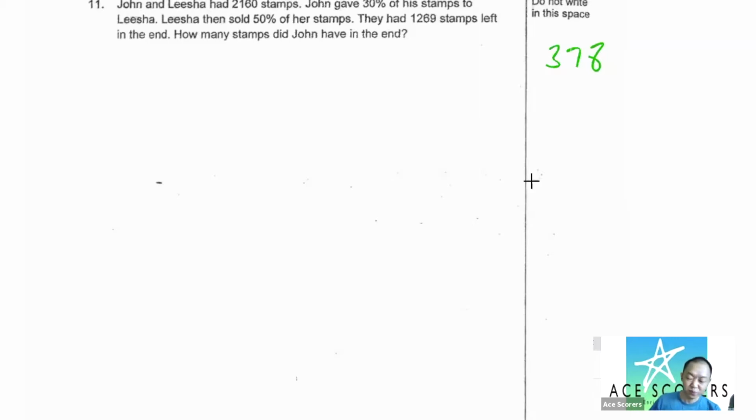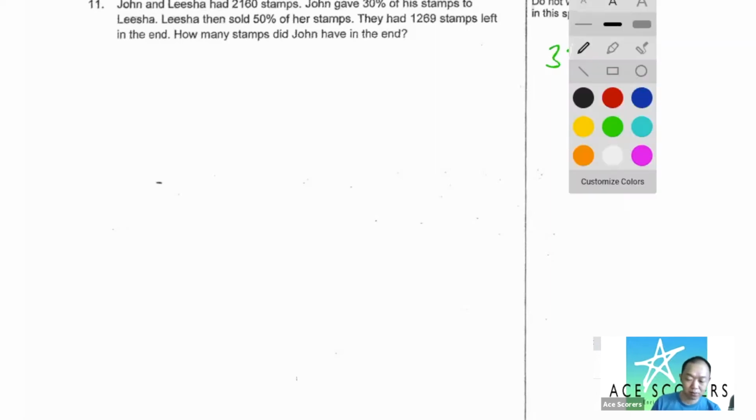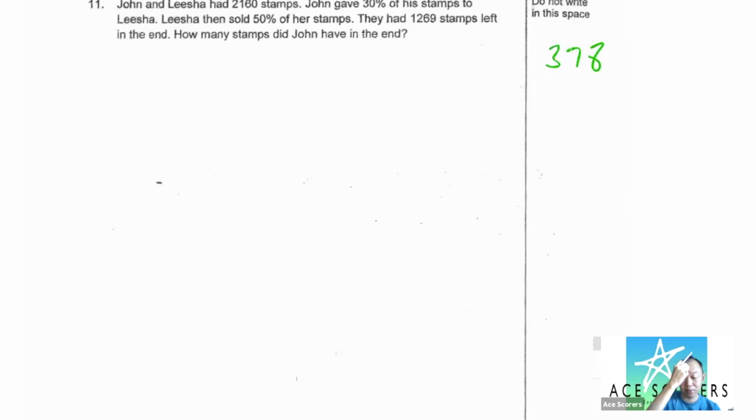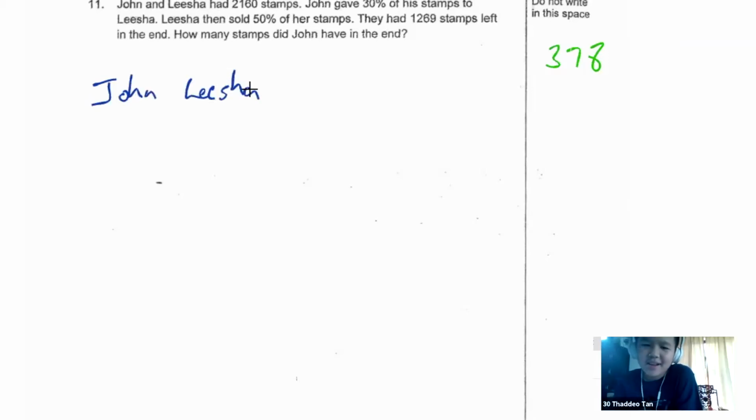This one, I will use units and parts. Every time a question falls under the difficult category, I will use units and parts. John and Leisha, like this. Wow, this is difficult.